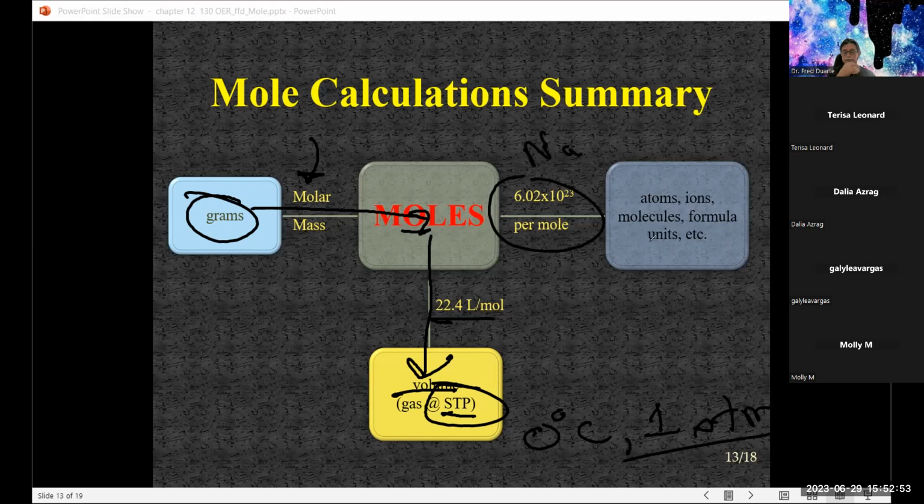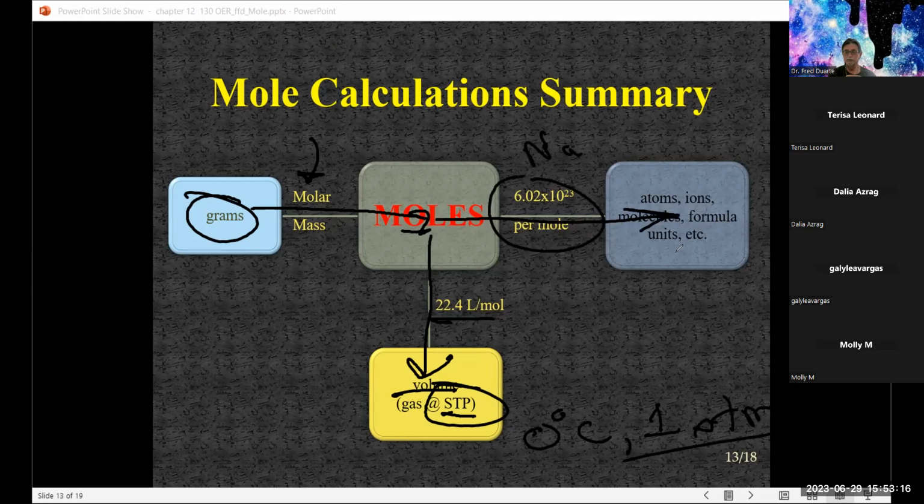Or using Avogadro's number, you can actually go from grams to atoms or ions or whatever you need to calculate. But as was the case to get down to the volume, you have to get to moles to go in that direction, okay? Now, this is not a one-way street. You can go in both directions.